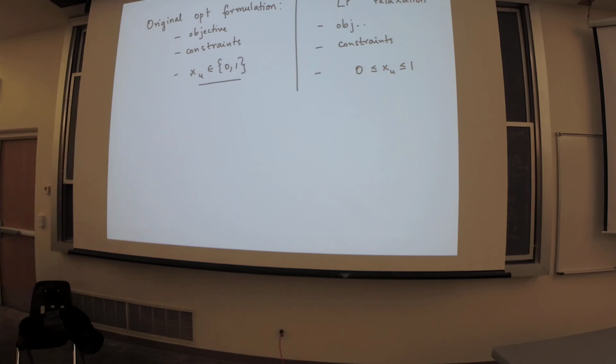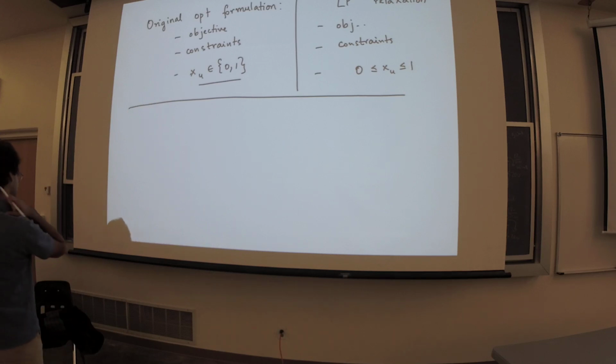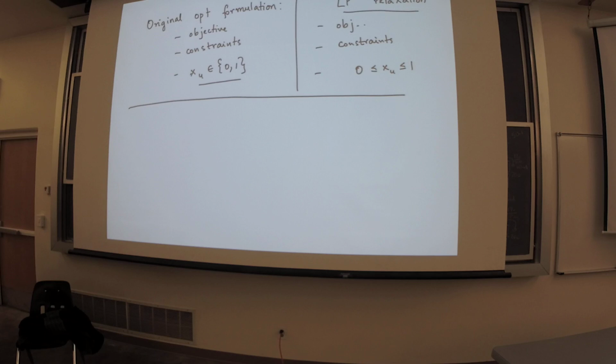Okay. So this is something you can do for any optimization problem. For any discrete optimization problem, if your objective and constraints happen to be linear, then you can convert it into a linear program by replacing those constraints with these ones. Okay. And a lot of the early work basically said, okay, so now let's look at the LP relaxation.